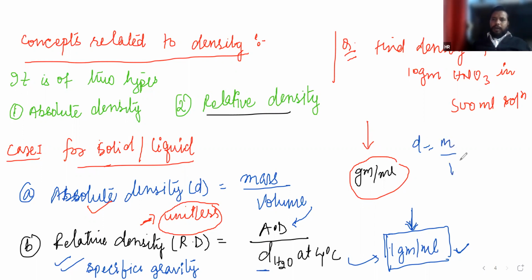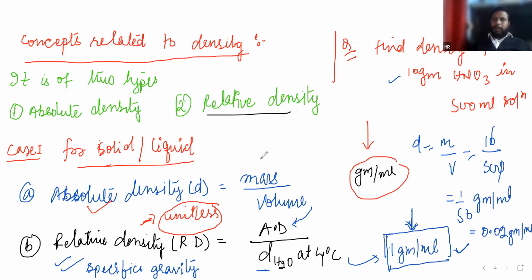Density is equal to mass upon volume. Mass is 10 gram and volume is 500, so it will be 1/50 gram per ml. And if you calculate it in decimal, it will be 0.02 gram per ml.